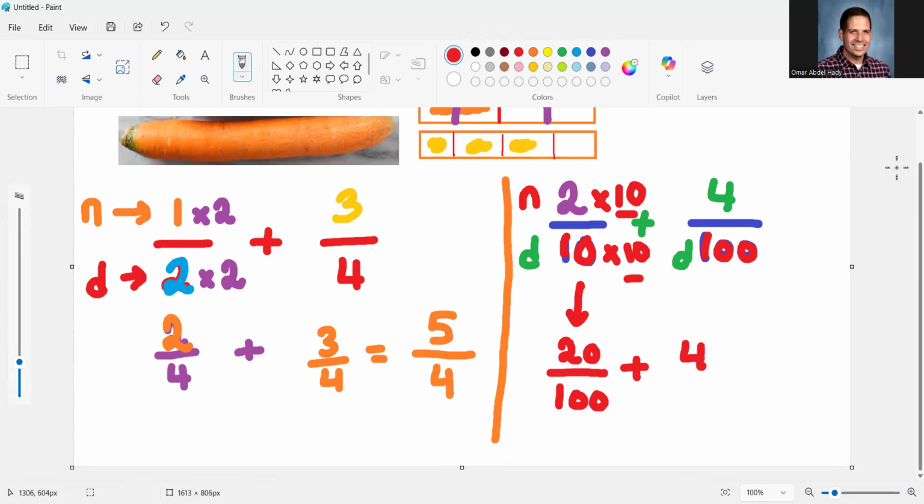Now I see that the denominator is the same. Both quantities are divided by 100, so I can add them. So I get 24 pieces of a whole that is divided 100 times, or 24 hundredths.